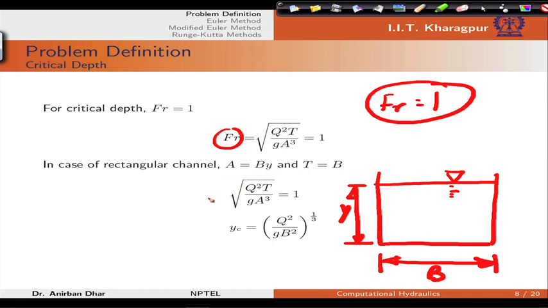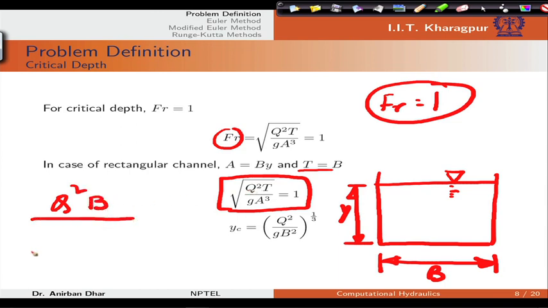Area is nothing but B into y, and top width is B only, because there is no variation in this sectional parameter over depth. So, if this is 1, then we can find out Q square, where T is B, the top width of the rectangular section, g, and A is B y whole cube.